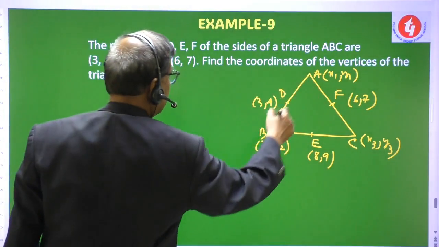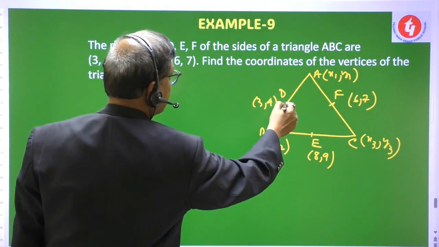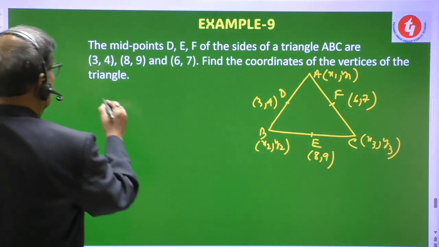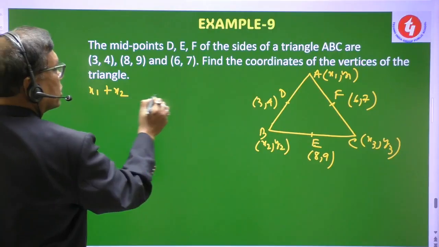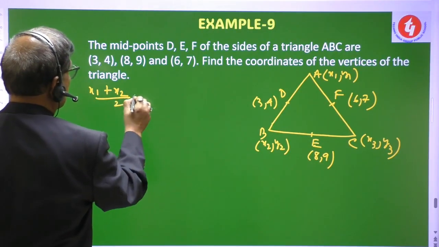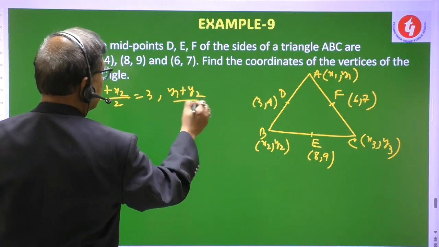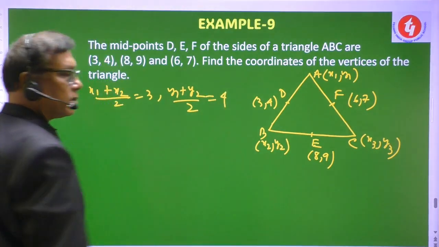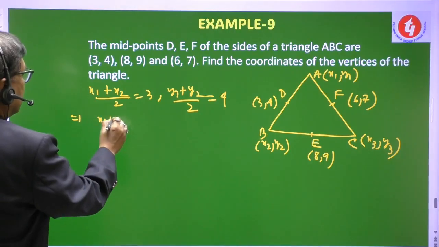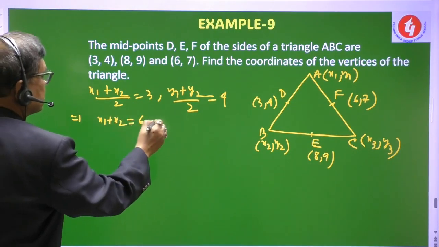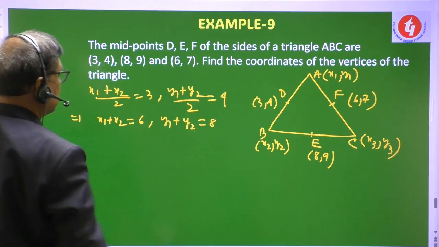See, x1 plus x2 by 2 equal to 3, applying midpoint formula, because this is the midpoint of AB. Similarly, y1 plus y2 upon 2 equals to 4. So this implies x1 plus x2 equal to 6, y1 plus y2 equals to 8.